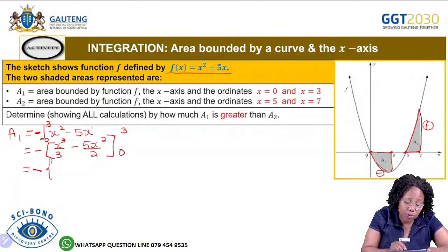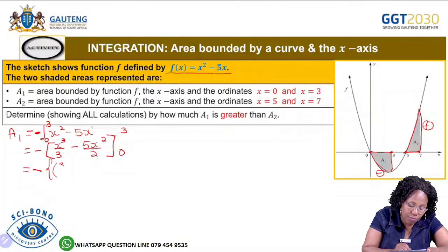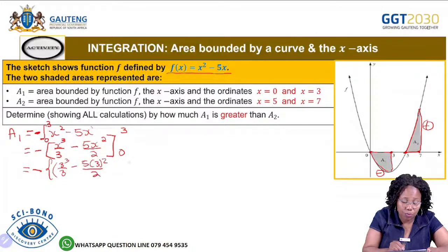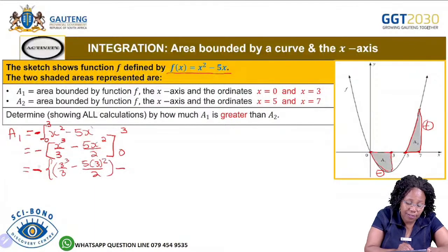We are now going to substitute, starting by substituting 3 for the x value. That will be 3³/3 − 5 × 3²/2. And then minus, look at that negative, it is still there. Can you see that I put a bracket that is taking care of the negative?